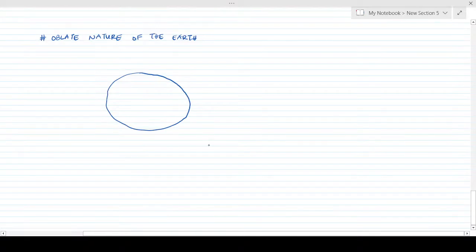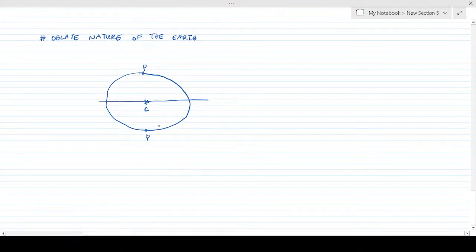So let's assume this is our earth, right? Now let's say this is the equator. Let me put it here. Now this is the center of the earth, and this is also the poles of the earth.